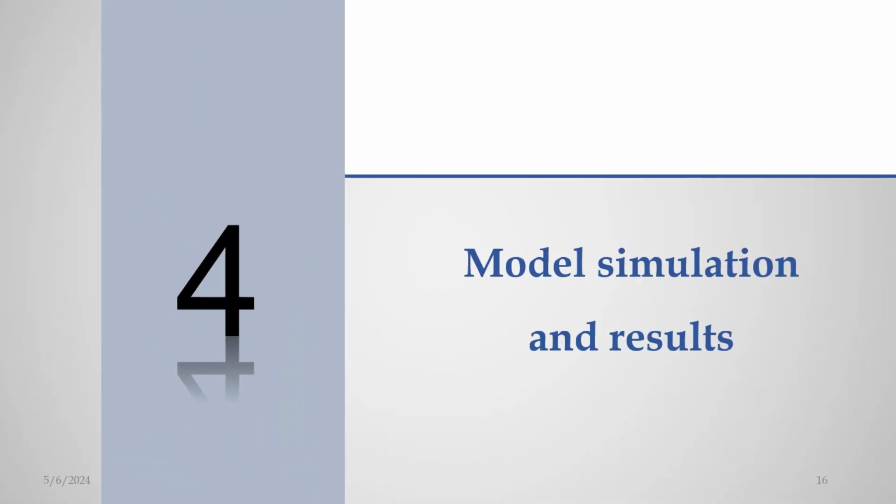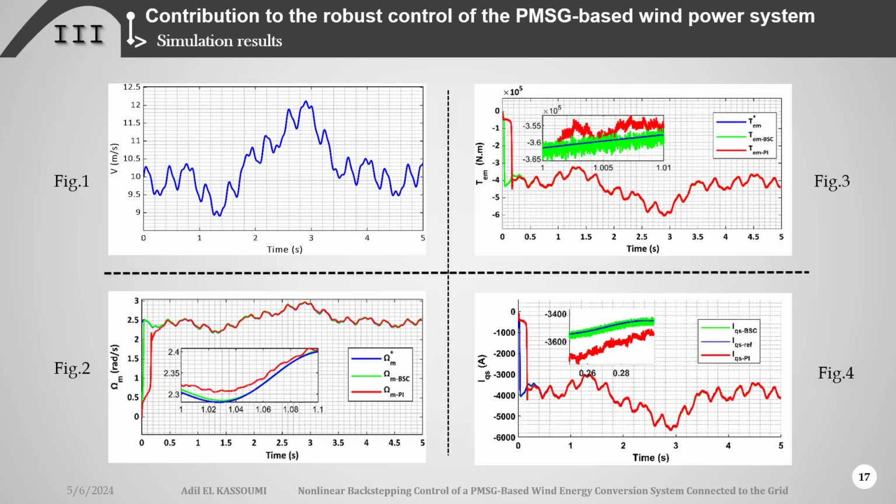Model simulation and results. In order to validate the performance of the proposed controllers, simulations were carried out for a 1.5 megawatt PMSG-based wind turbine system connected to the grid.